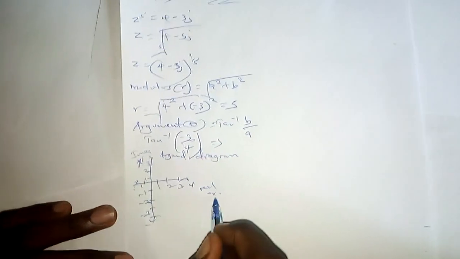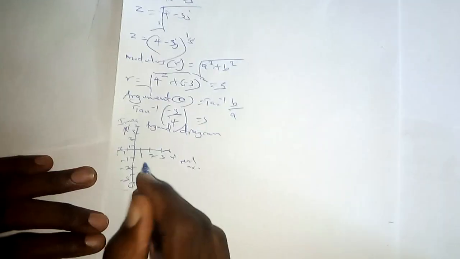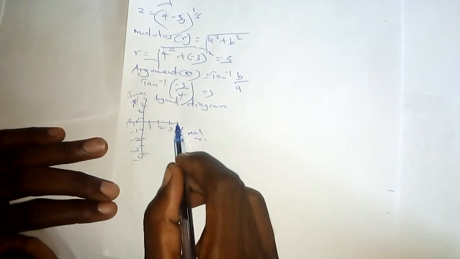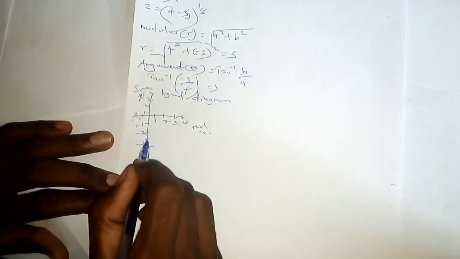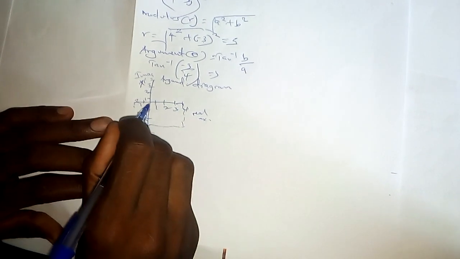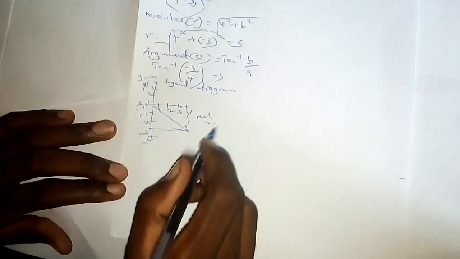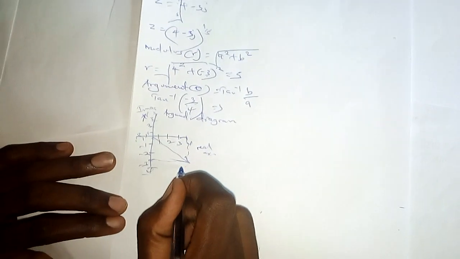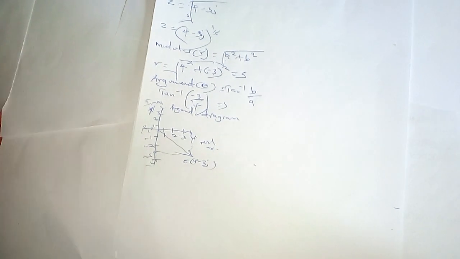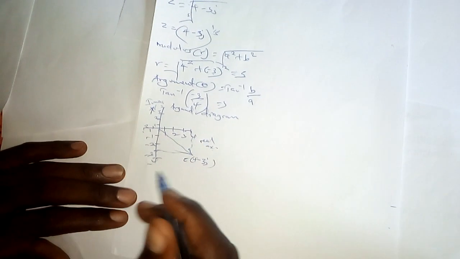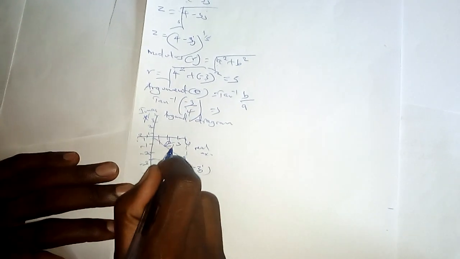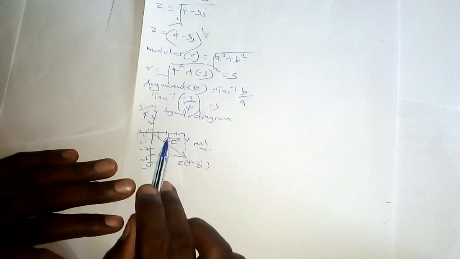When you want to represent it, you go for 4 positive on the real axis and negative 3 on the imaginary axis. So this is your z as 4 minus 3j. We can see that it is not the theta we want, it is alpha, the angle we get here.